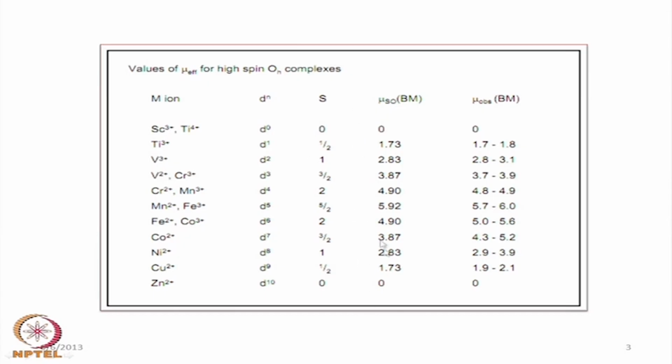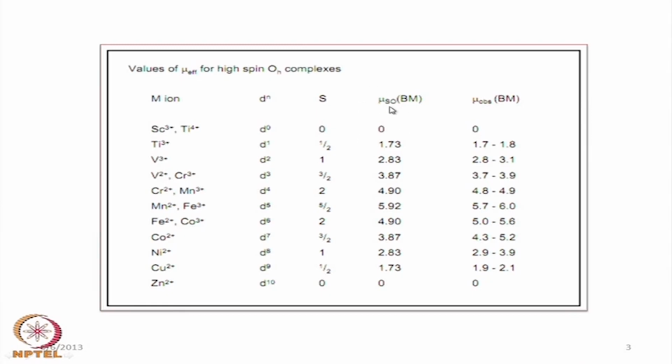So, next we take into consideration the L values. What are the L values for the corresponding ground state spectroscopic symbol, which we calculated in our previous class up to chromium 3 plus, that means the D3 system. Today we will find out the corresponding values for the D4 to D9 systems, and depending upon the spectroscopic term symbol, we have the S value, the L value and the corresponding J values.